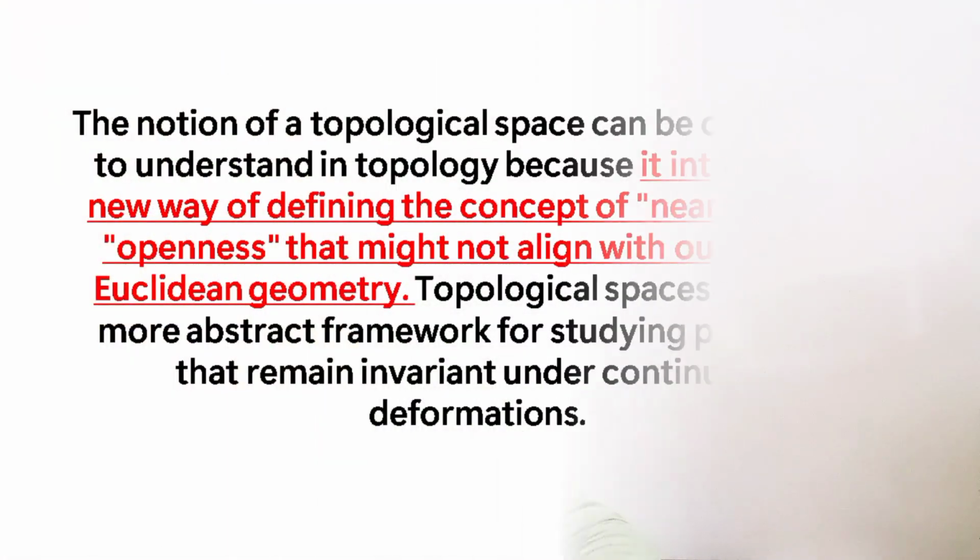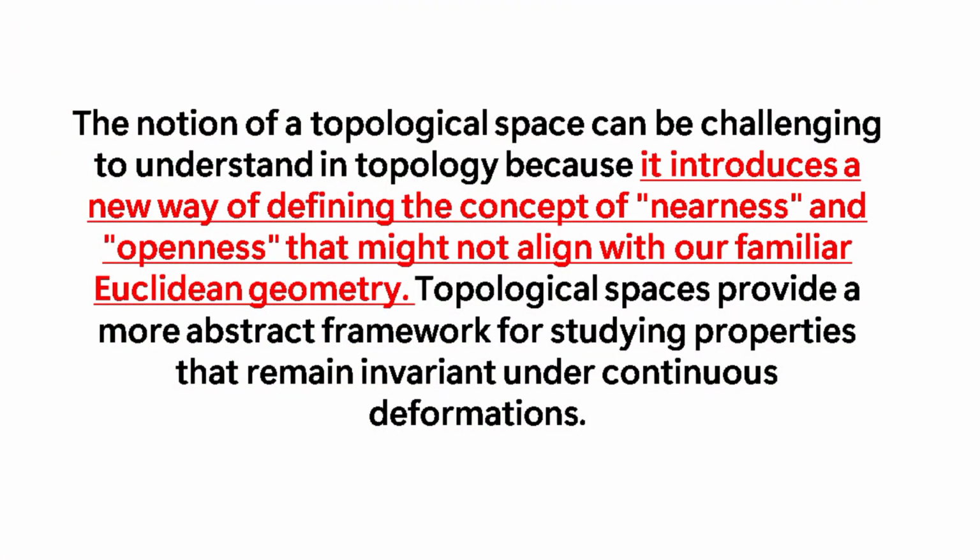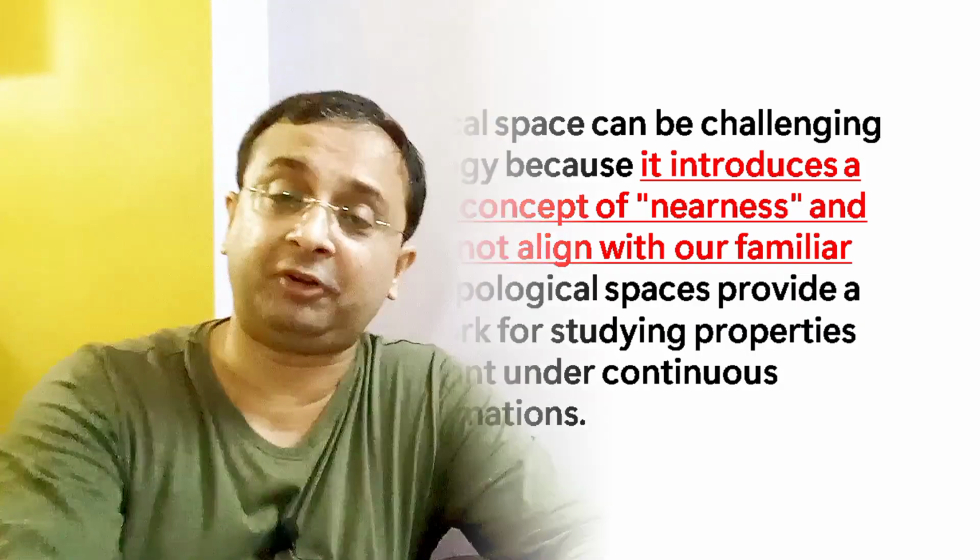Right on your screen you see it introduces a new way of defining the concept of nearness and openness that might not align with our familiar Euclidean geometry. So topological space provides a more abstract framework for studying properties that remain invariant under continuous deformation. You see again a counterintuitive understanding, something totally different.